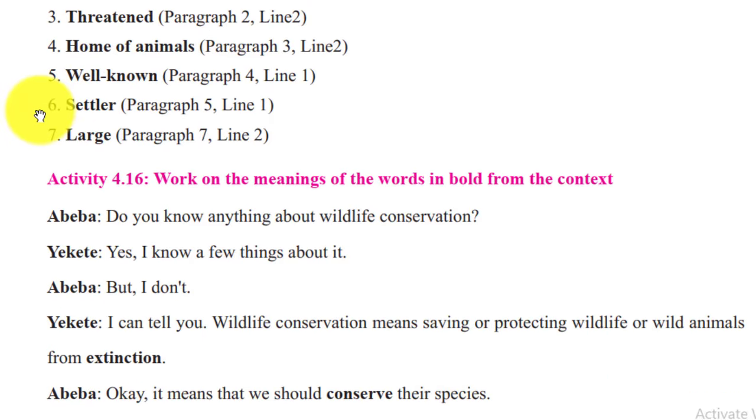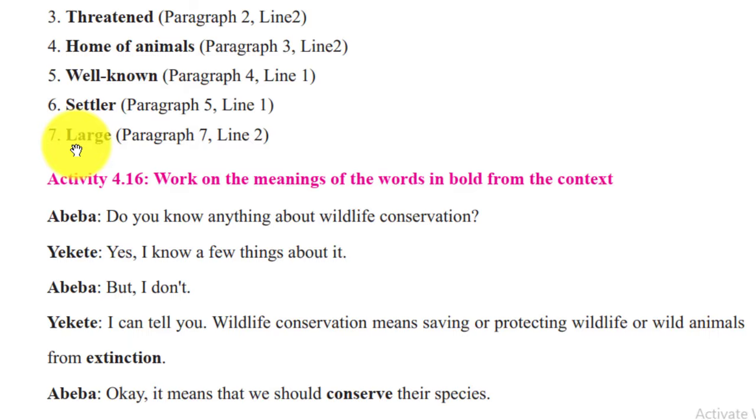Okay, number 6 is about settler, paragraph 5 line 1. Settler refers to inhabitant, an animal which lives in a place. Settler means inhabitant. The last one, large: it will be huge.